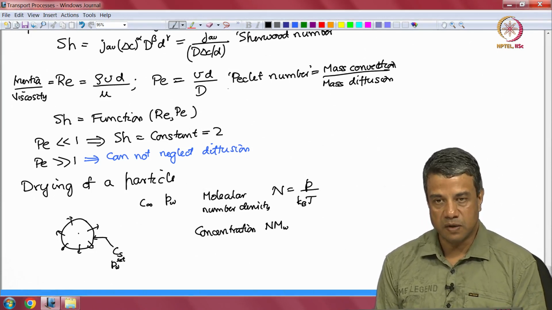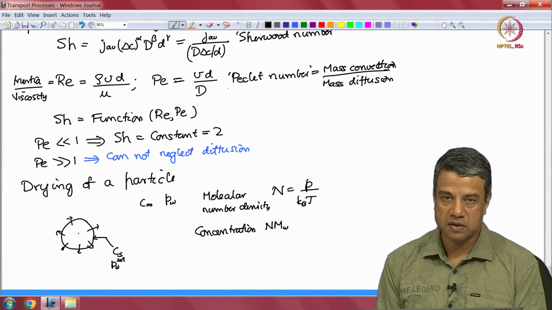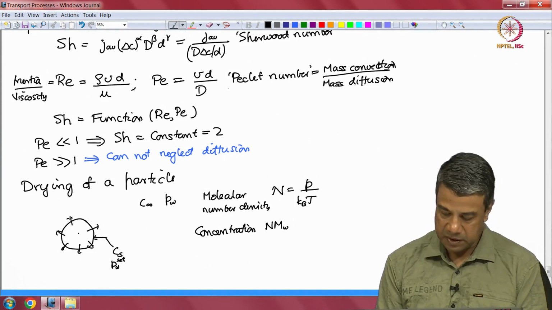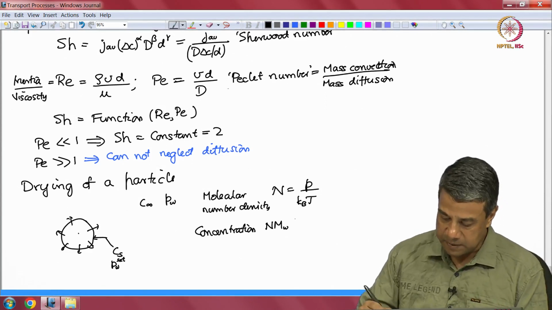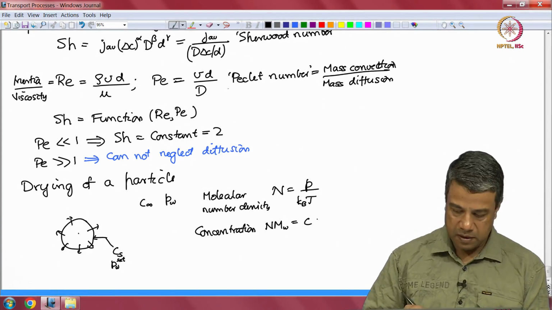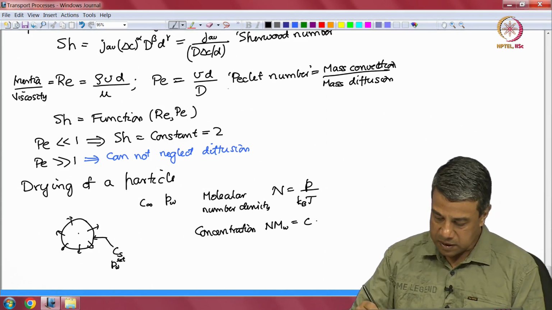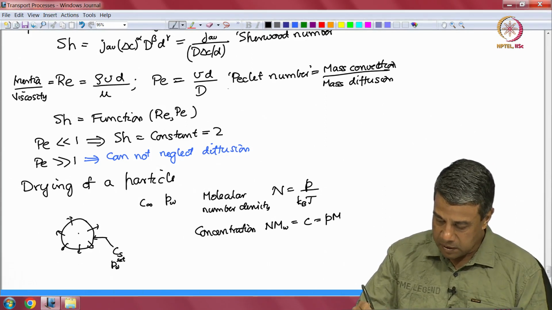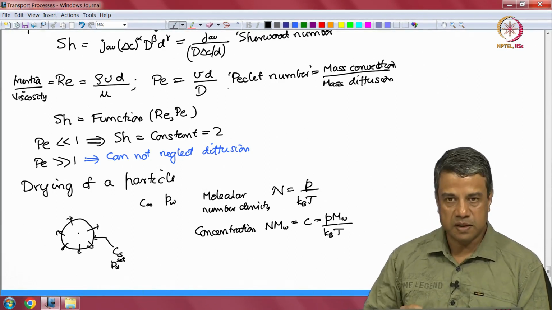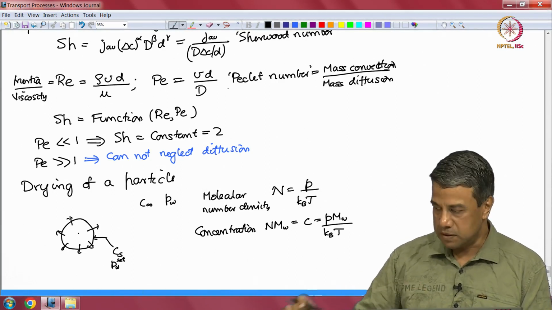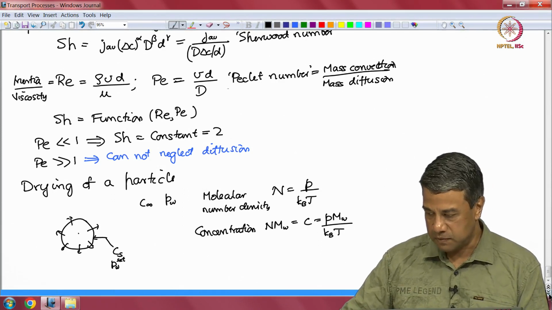If you are using molecules, the Boltzmann constant; in terms of moles, the ideal gas constant. So, that is the concentration C, equal to P times the mass divided by kBT, where mW is the mass of a molecule. If I were to use the ideal gas constant, it would be the mass of one mole.